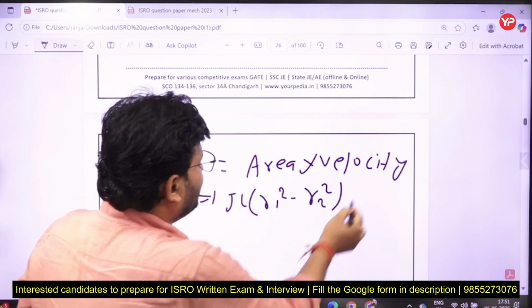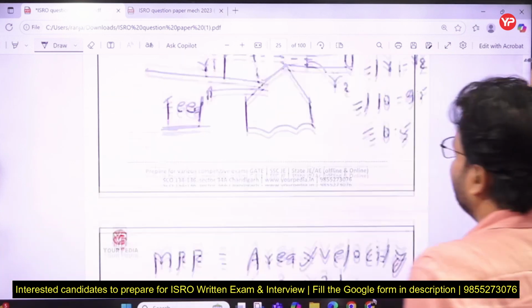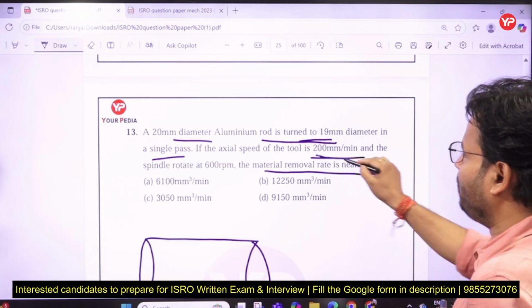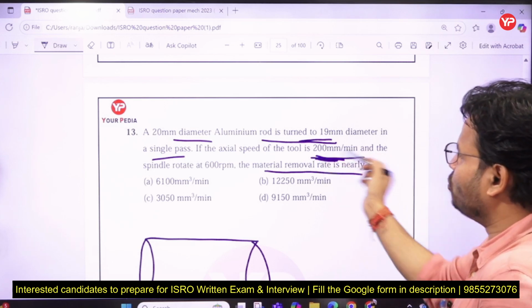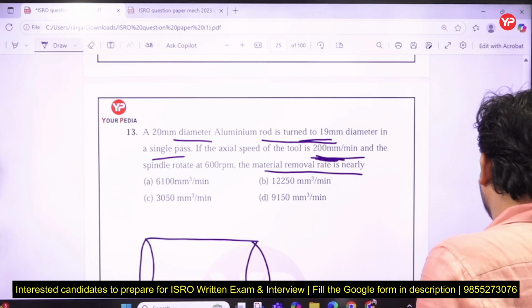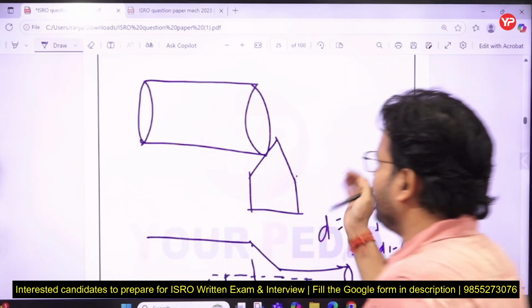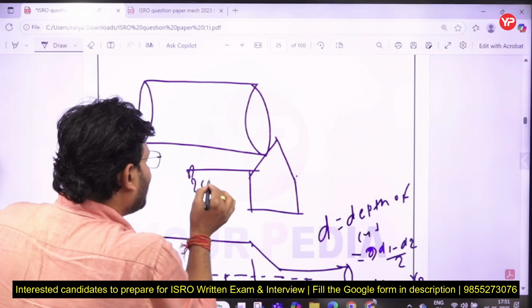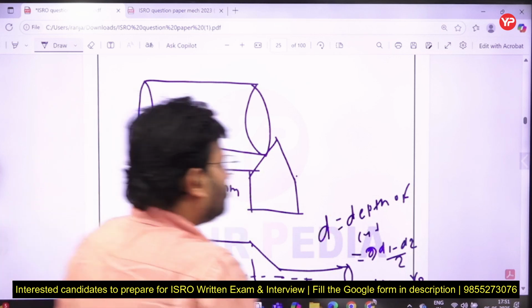The velocity is given as 200 mm per minute, the axial speed of the tool, so in 1 minute the tool moves 200 mm.